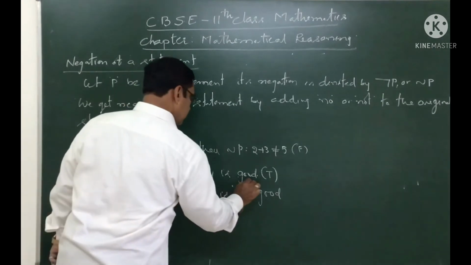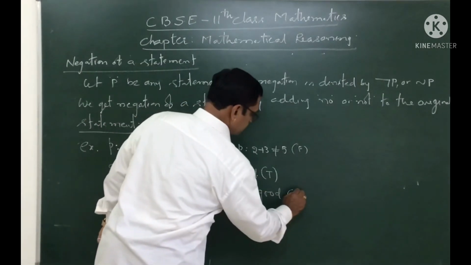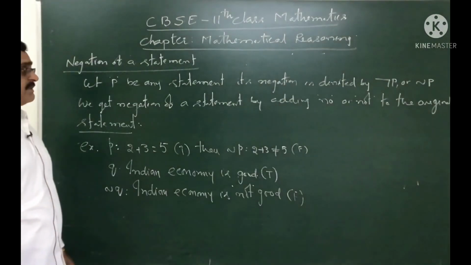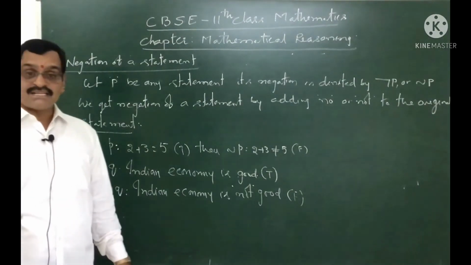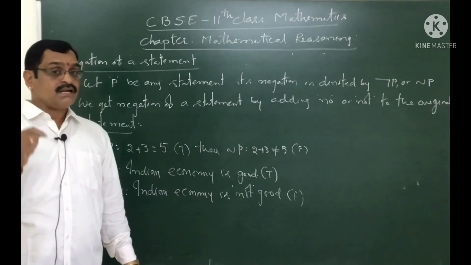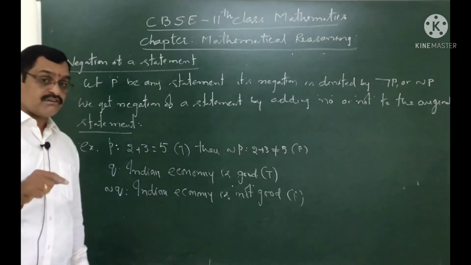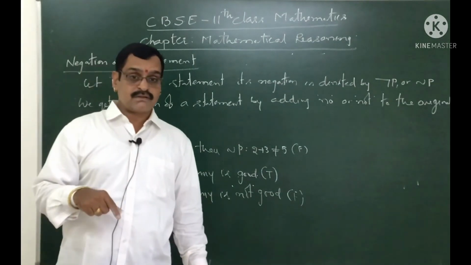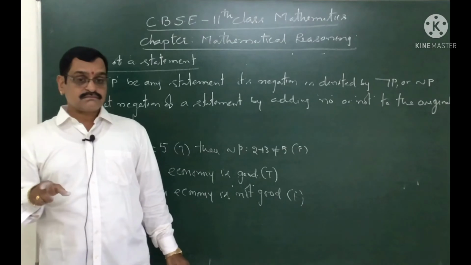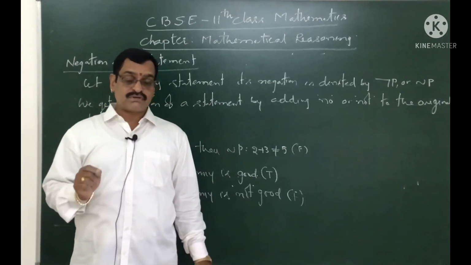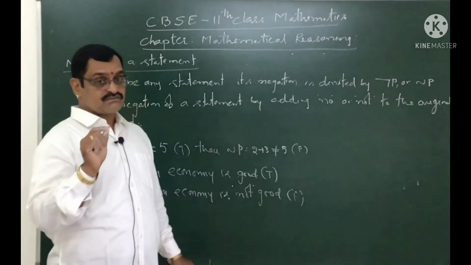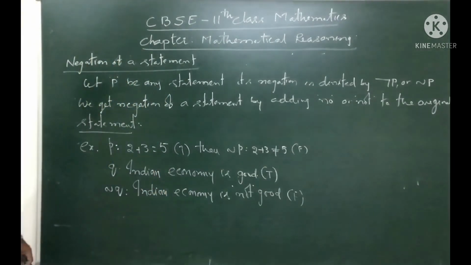Just adding not. So it's false. So negation of a statement means just denying the statement. Please understand, denying a statement is a lot different from the opposite of the statement. Whatever statement you are saying, you are denying that; it's not completely opposite. Please understand this one. Please focus.